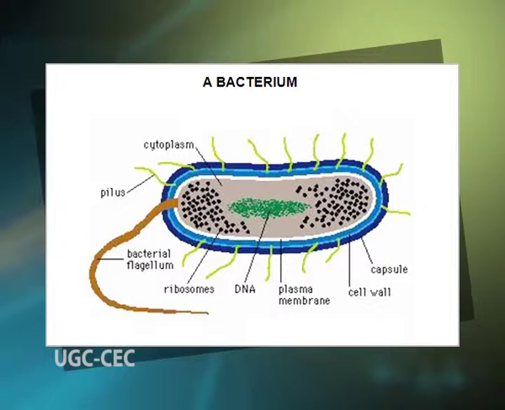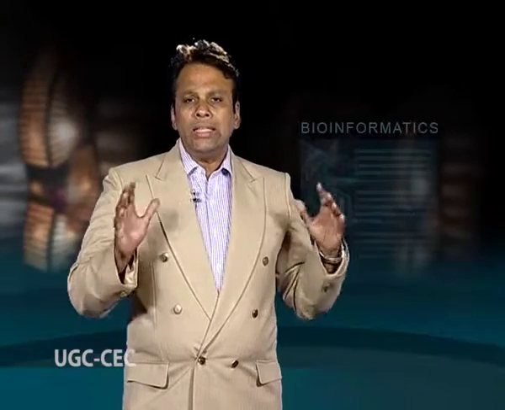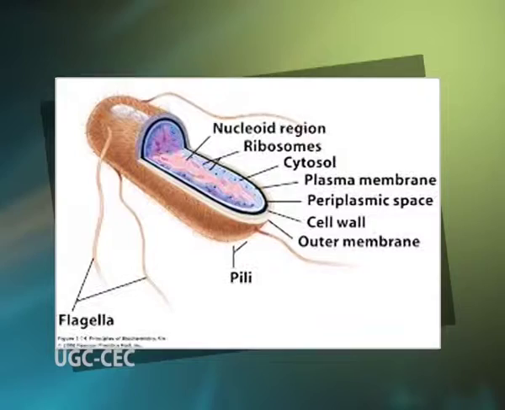You can see a detailed figure of the bacteria over here. Escherichia coli is the most commonly used bacterium for genetical studies, living in the colon of man. It is microscopic, unicellular and rod shaped.